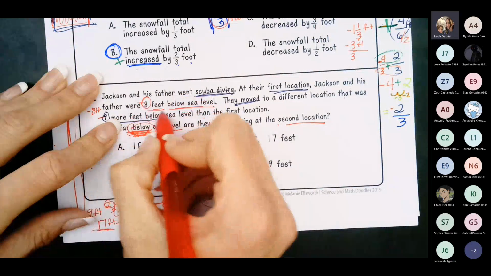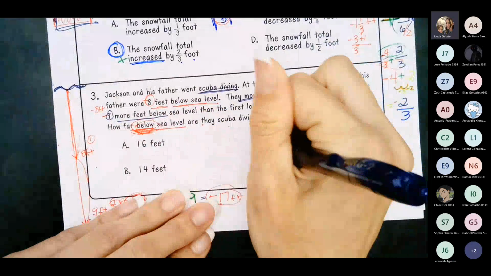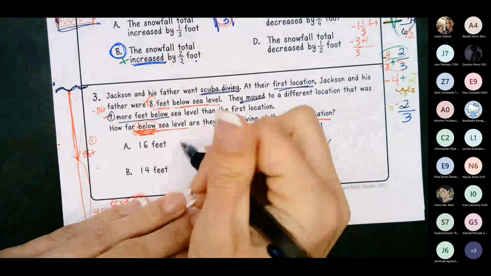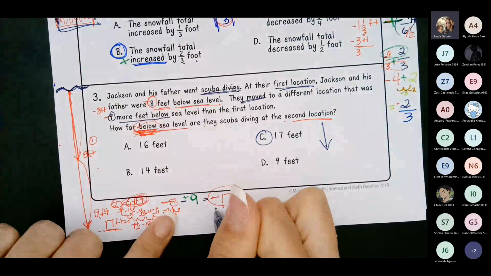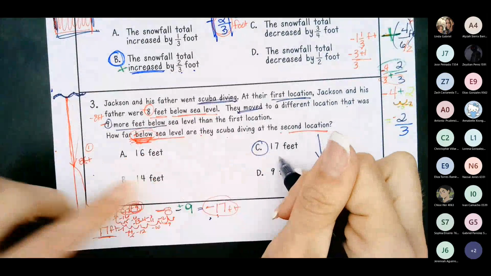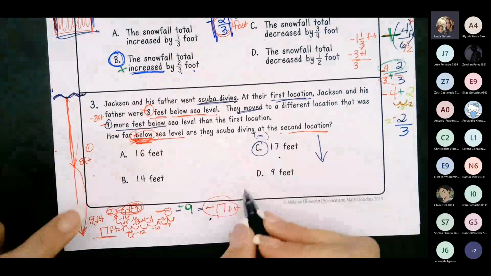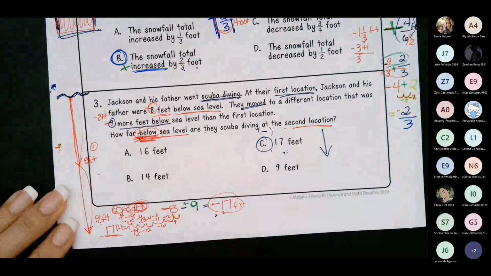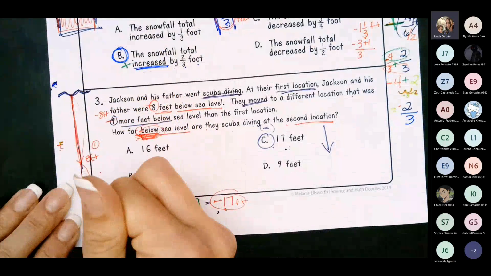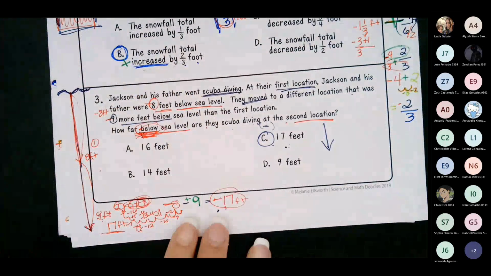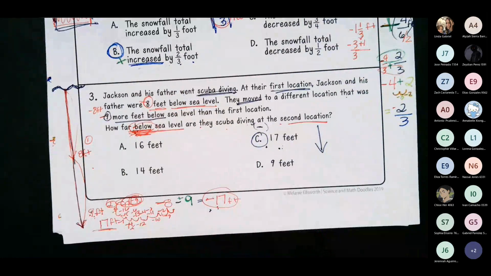We have 17 feet below sea level written here, that's going to be that equation negative 17. Here's that negative idea. See that here, 8 plus 9, right? Went 17 feet down. So for number 3, our answer is 17 feet.